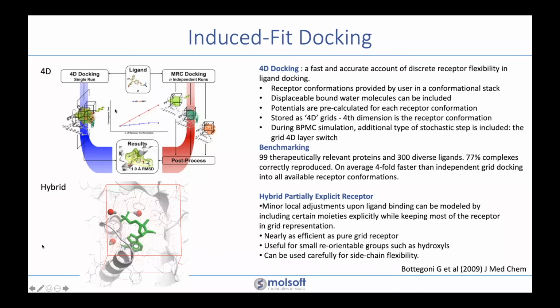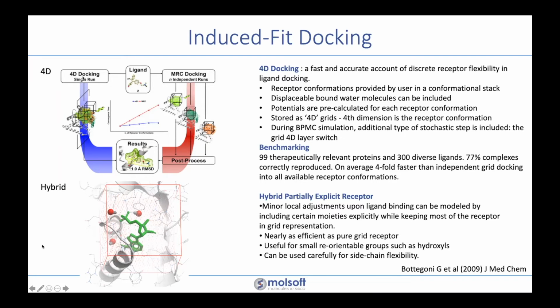So 4D docking relies on multiple conformations of your receptor, basically. So you may have like 4 or 5, maybe more crystal structures, which kind of represent the flexibility of the pocket. So you may have one with a loop into the pocket, one with a loop out, some different side chain conformation.